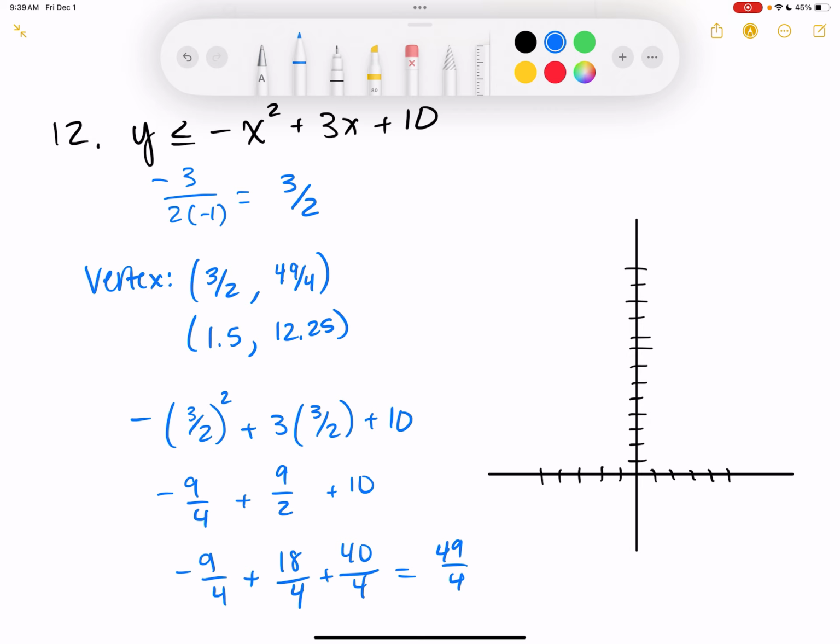So it's going to be up here. Again, I would use 0, which puts it at 10. That's 1.5 away on that side, so I need to be 1.5 away over here. Are we solid or dotted this time? Solid.